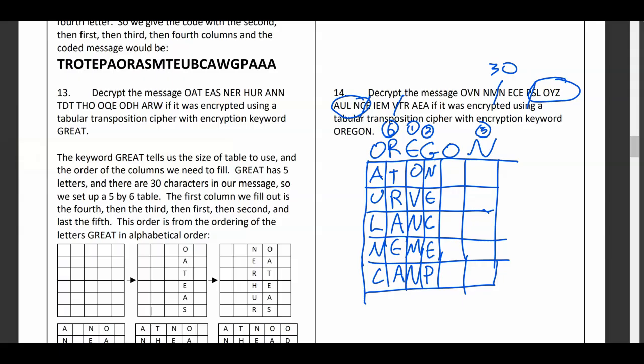All right, so that would be the E. E, I, E, M, V. And S, L, O, Y, Z. At one, surveil.